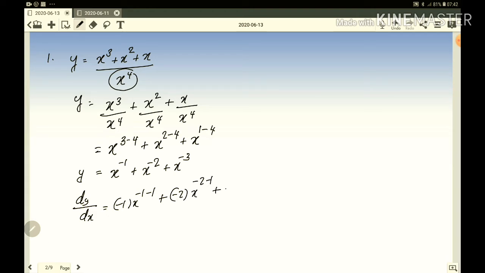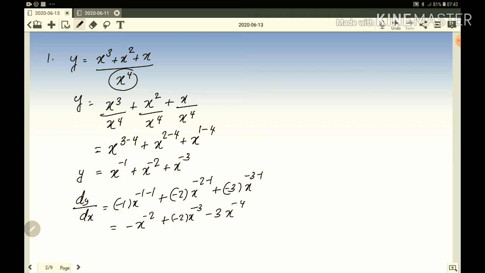Third term, power is minus 3. Write that one first, then x to the power minus 3 minus 1. That is minus x to the power minus 2, then minus 2 times x to the power minus 3, then minus 3 times x to the power minus 4. Clear, so we are done.